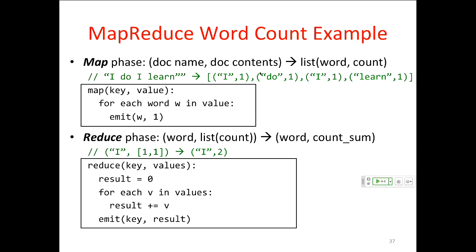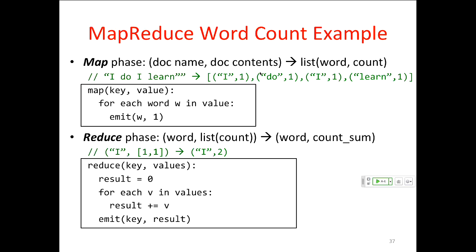So if we have "I do I run," then we have word and count pairs. There might be some duplicates, which will be reduced by the reduce function. But now the map phase will generate this kind of pairs.